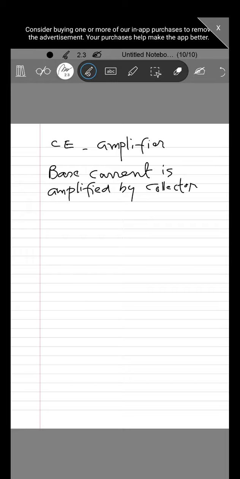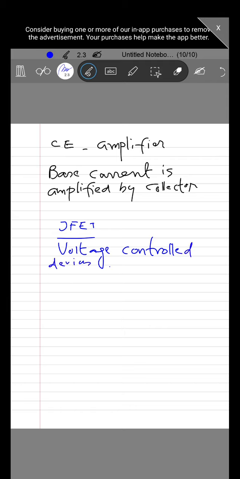Apart from the bipolar junction transistor, we have something called the junction field effect transistor as well. So JFETs are basically voltage control devices. They have mainly four sections: source, drain and a gate.